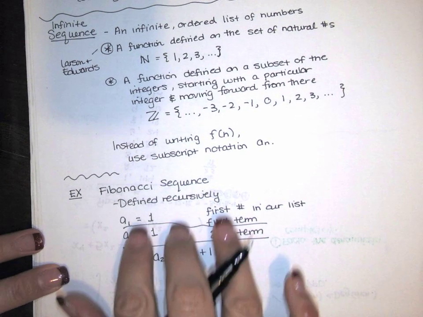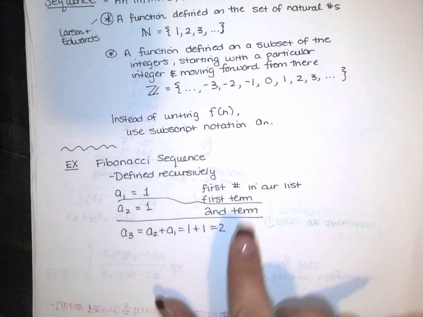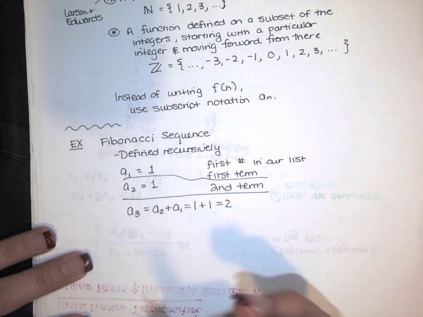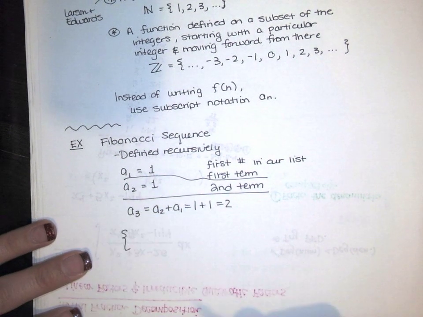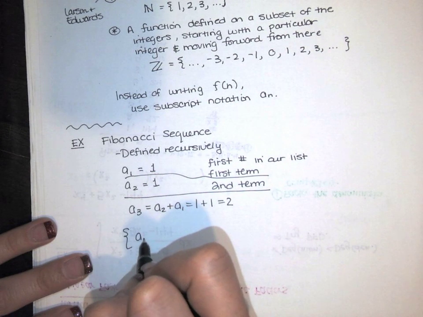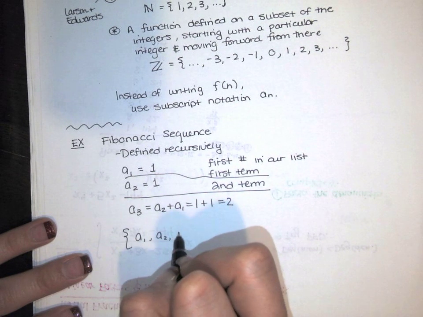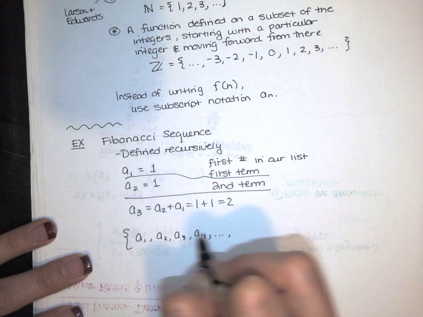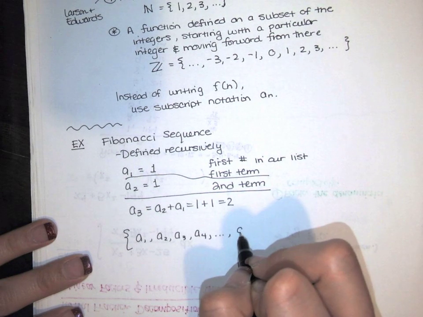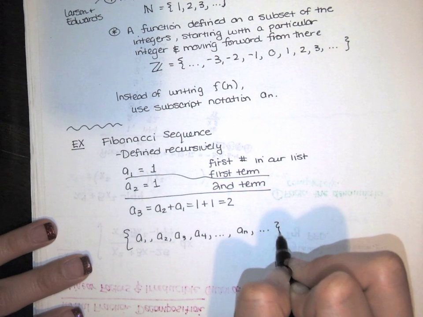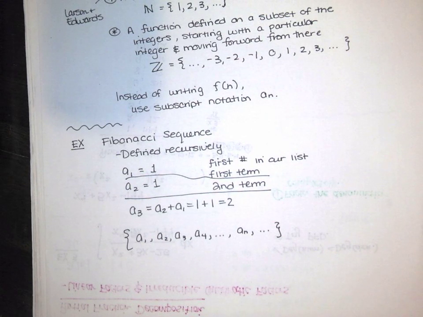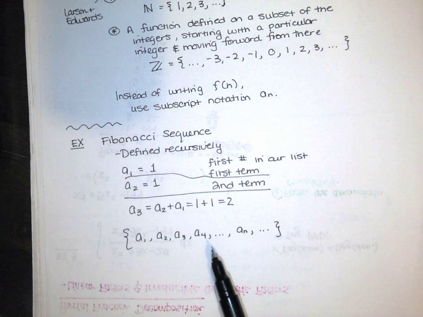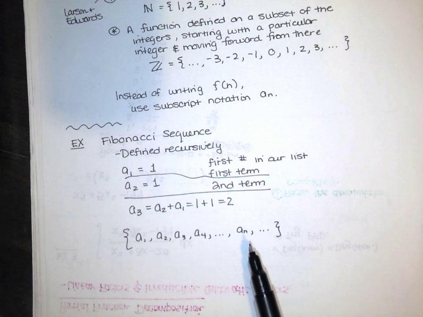Now instead of writing it vertically like this, I'm going to write it the way sequences tend to be written, in ordered lists. You use curly braces, and you start with a sub 1, then a sub 2, then a sub 3, and a sub 4. And the nth number on this list is a sub n. I've had many students ask, what do you mean nth number on the list? If n is 4, it's the 4th number on the list. If n is 5, it's the 5th.